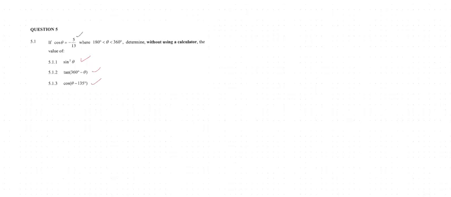Now let's have a look at question number 5.1.1. We have sine squared theta. We have to determine the value of sine squared theta, and the cos value is given.